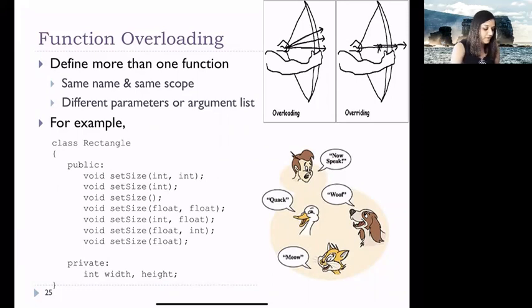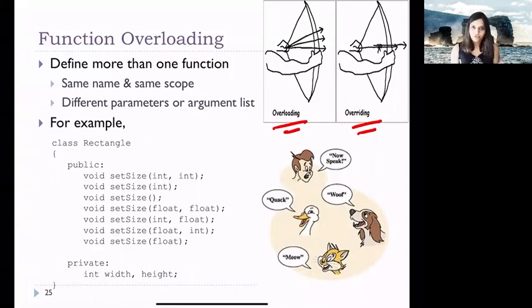This diagram over here differentiates overloading and the concept of overriding. Again, if you are new to the word overriding, please look up the definition. That's an object-oriented concept, and these two concepts are most confused with each other. This diagram illustrates the big difference between both, where overloading is having multiple arrows.